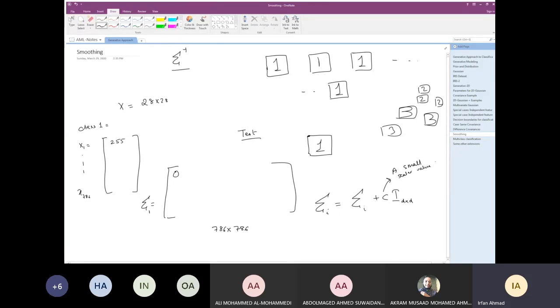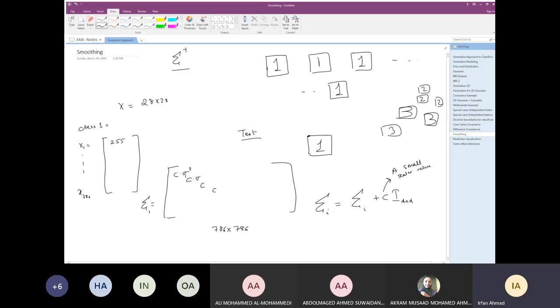So what happens because of this? Anything which is very small or 0, the inverse will be very hard. This is the identity matrix, not the inverse, right? So at least what you're saying is the variance is at least C, C plus sigma 1 squared.